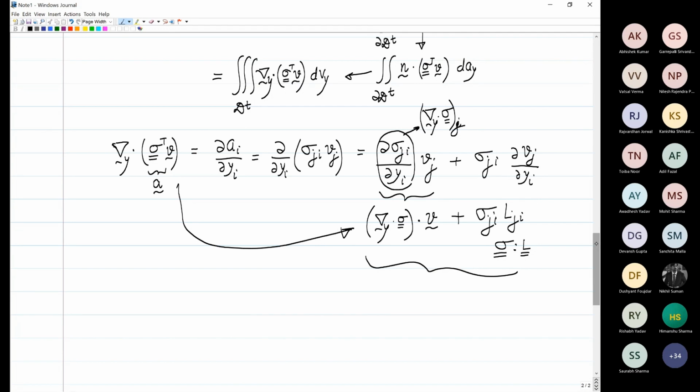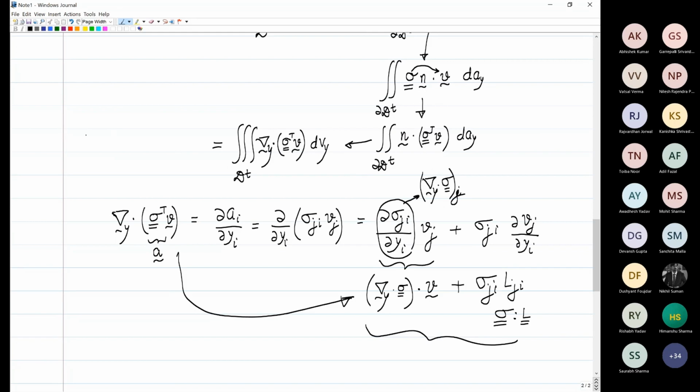Okay, so this we can now put here and write it as integral over dt divergence y dot sigma dot with velocity plus sigma double contraction L. Okay, and the whole thing is then dvy.